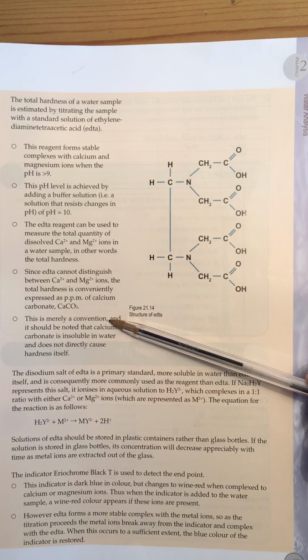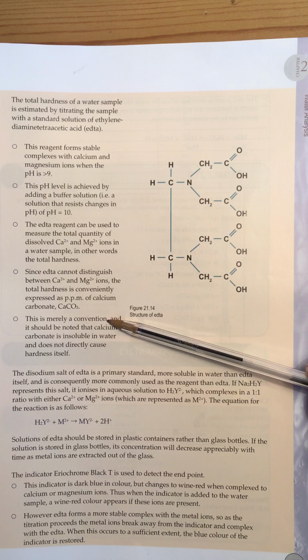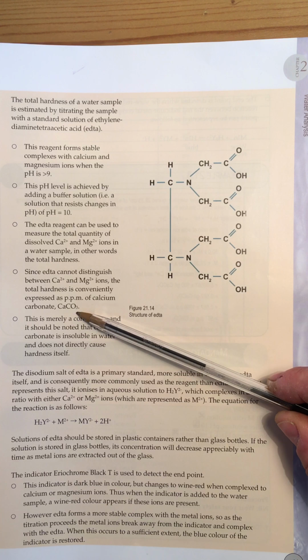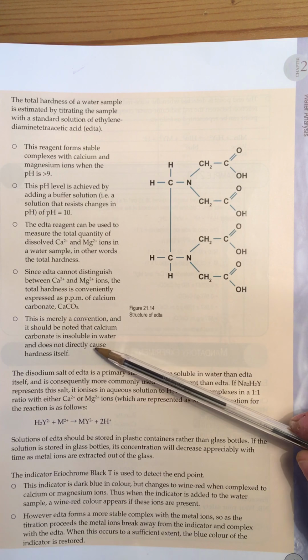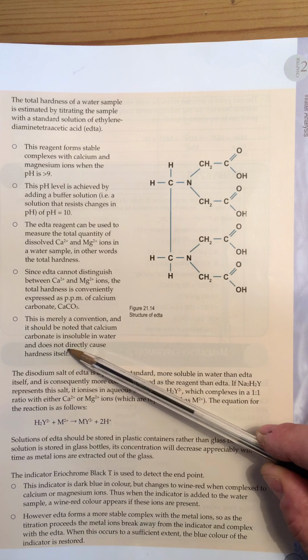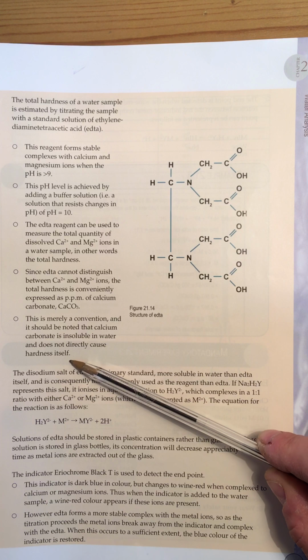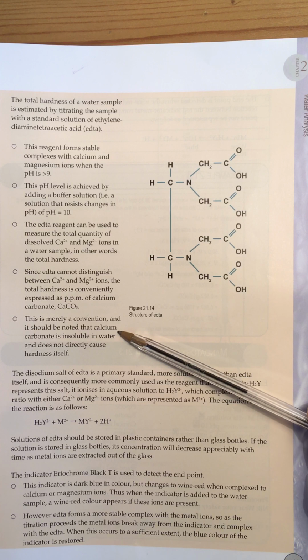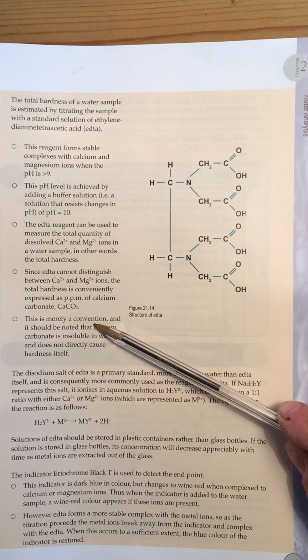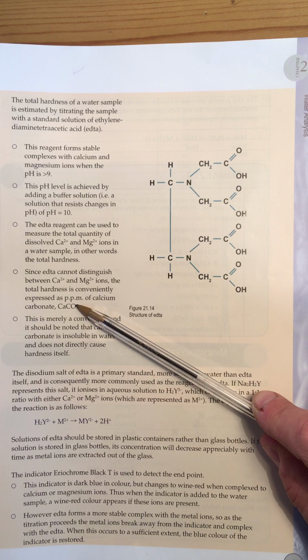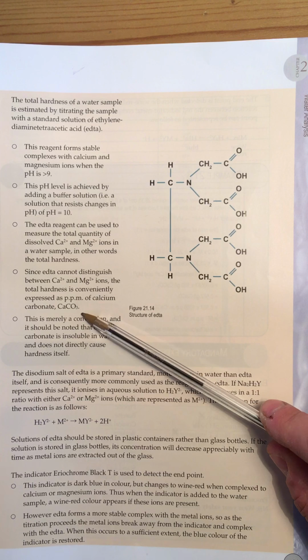A convention is an agreement between a group of people. In this case, scientists have agreed to express the answer in parts per million of calcium carbonate, even though calcium carbonate is insoluble in water and does not directly cause hardness itself. It can't cause hardness directly because it doesn't dissolve in water. However, scientists have agreed, just for simplicity, to express your answer in parts per million of calcium carbonate.